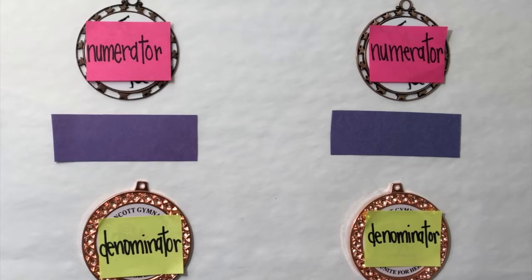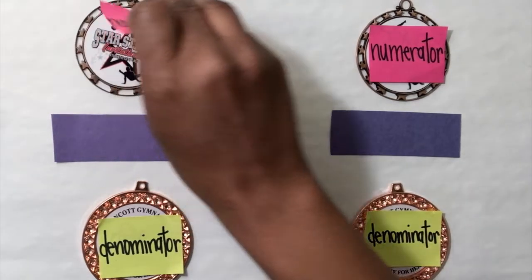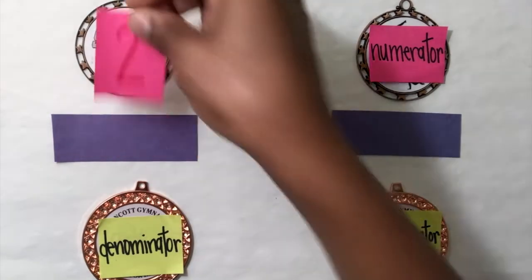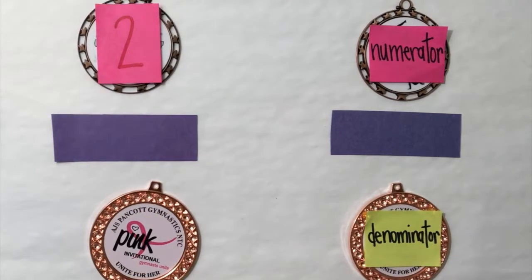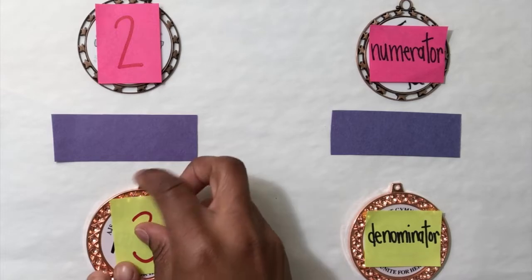Great, let's try it. So I'm going to build the fraction 2/3. Which number is the numerator and which number is the denominator? 2 is our numerator. And 3 would be our what? Denominator. 2/3.